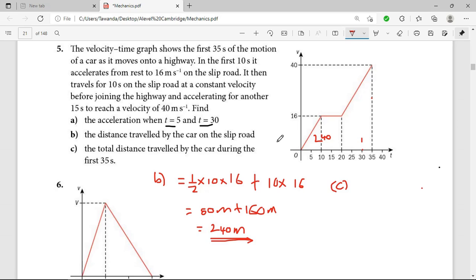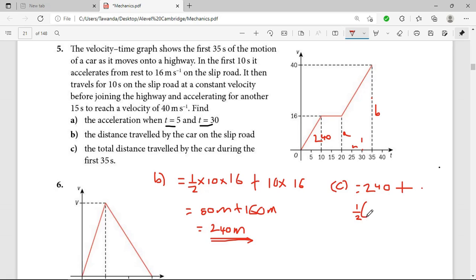So the total distance traveled, we are going to take this 240 here, then with that 240, we are going to add the area of the last trapezium from 20 to 35. So here will be our A, B, then your height here is H. So we are going to say plus half of A plus B, the area of a trapezium.